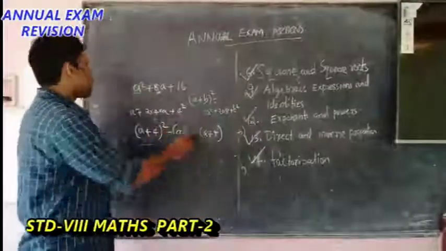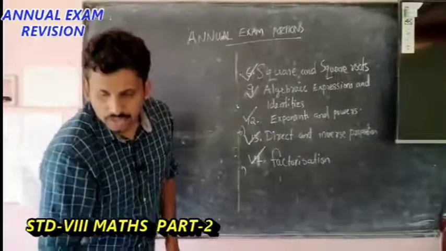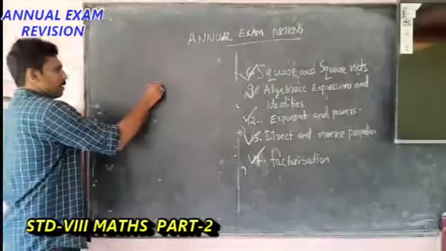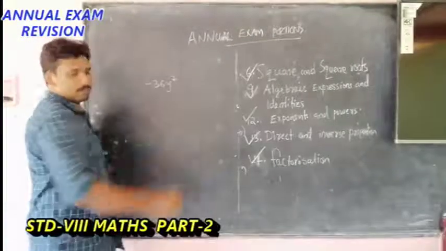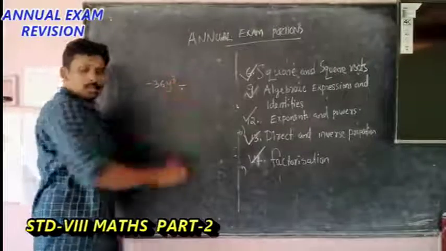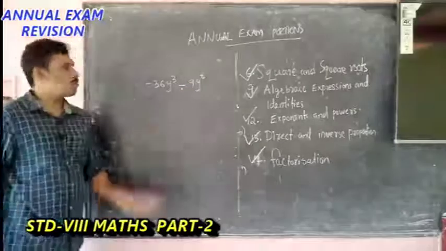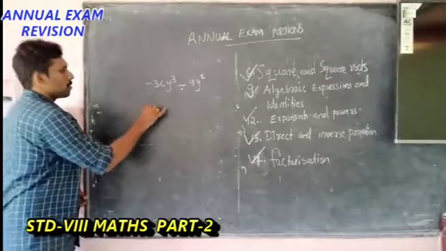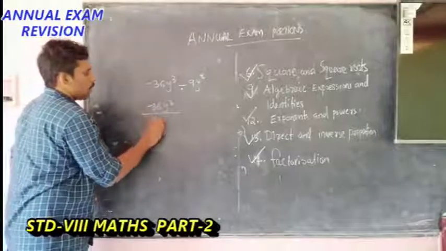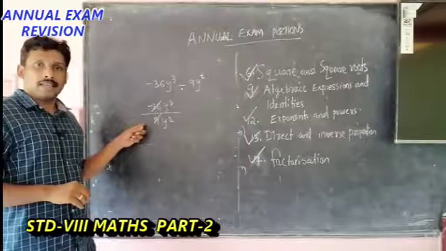And next, we have discussed in this lesson division of algebraic expressions. For example, minus 36y cube divided by 9y square. How to divide this one? 36 and 9 we can cancel: 4 nines are 36.